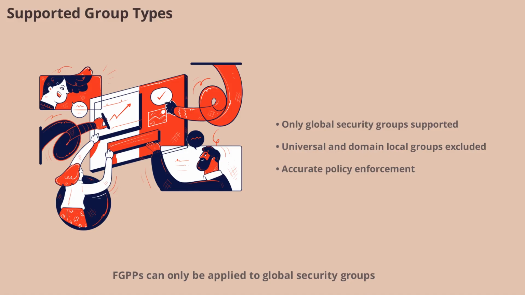FGPPs can only be applied to global security groups. If you attempt to assign a policy to a universal group or a domain local group, it won't be enforced, even if the administrative center lets you select them. This enforcement ensures that only the intended users receive the policy, maintaining the integrity of your security strategy.